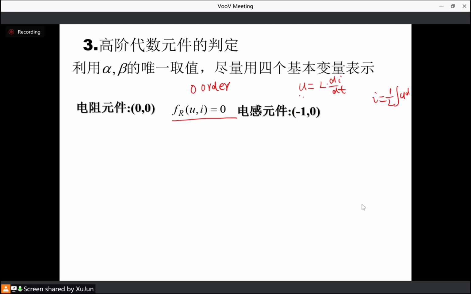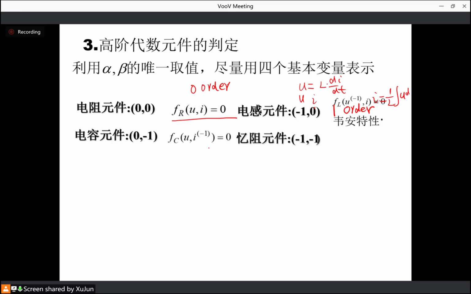So U is minus 1, I is 0. So the inductor is a first order component. The capacitor is also first order. For the memristor, it's a zero order. Just minus 1, so it's zero order.